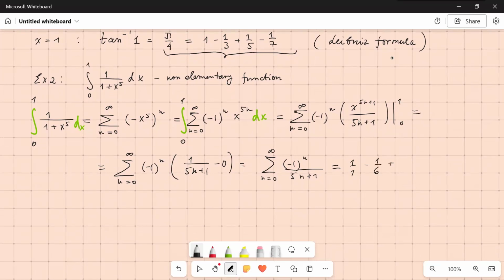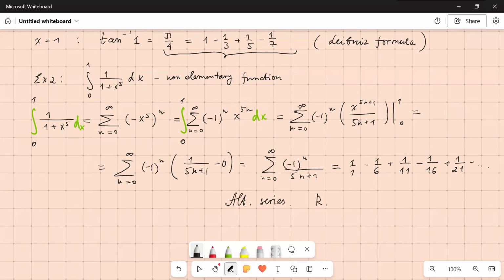Then plus 5 by 2, 10, 11, so 1 over 11, minus 1 over 16, plus 1 over 21, and so on. This is an alternating series.